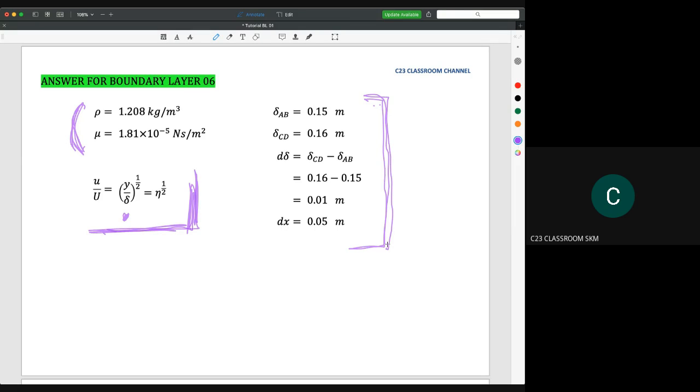So delta AB is 0.15, delta CD is 0.16, and then we could write d delta equals delta CD minus delta AB. So it is equal to 0.16 minus 0.15, which becomes 0.01 meter. And then the change in x, we could write dx equals 0.05 meter.